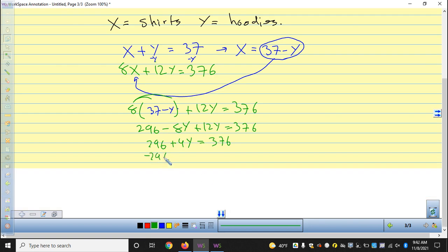Subtract 296 from both sides. I get 4Y equals 376 minus 296 is 80. Divide by 4. And I get Y equals, no, 20.